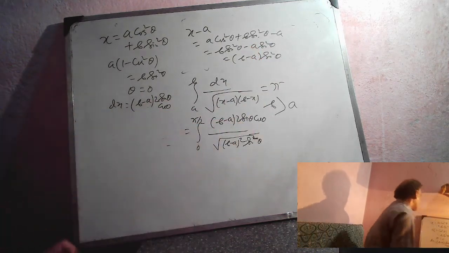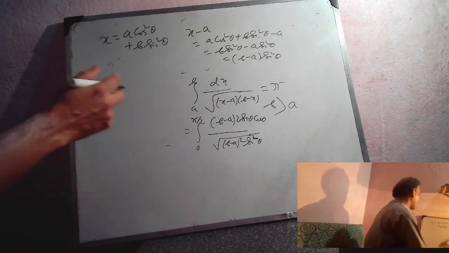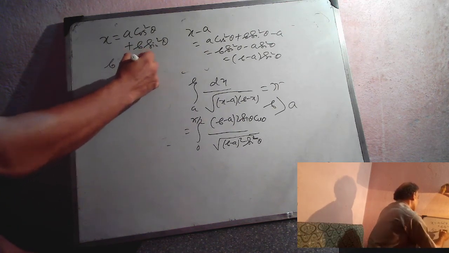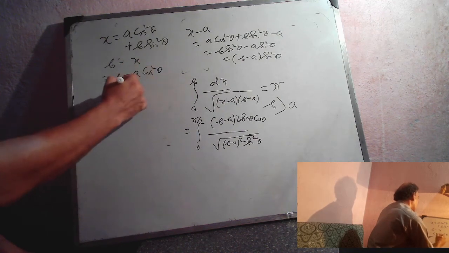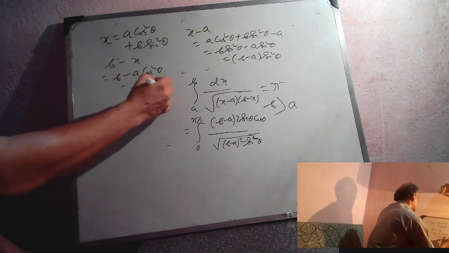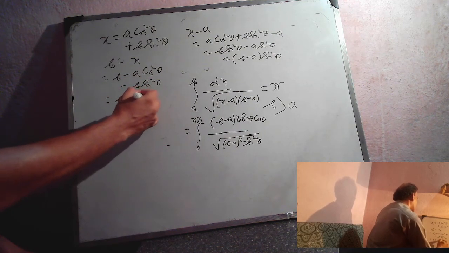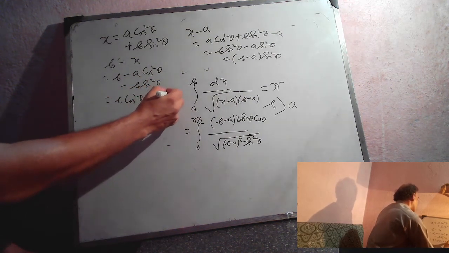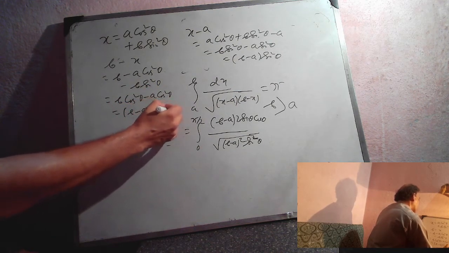Now the value of b minus x equals b minus a cos square theta minus b sin square theta, equals b times 1 minus sin square theta, which is cos square theta, minus a cos square theta, equal to b minus a cos square theta.